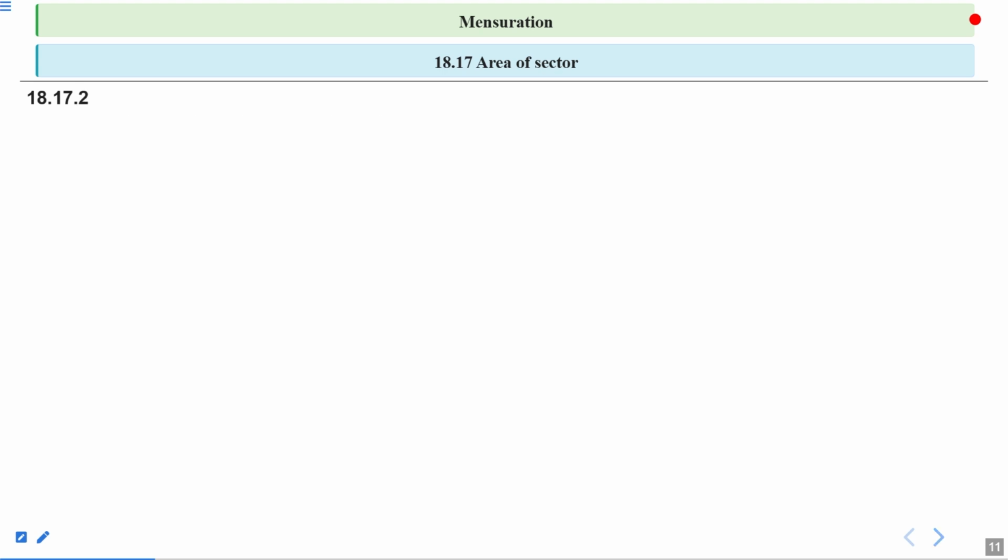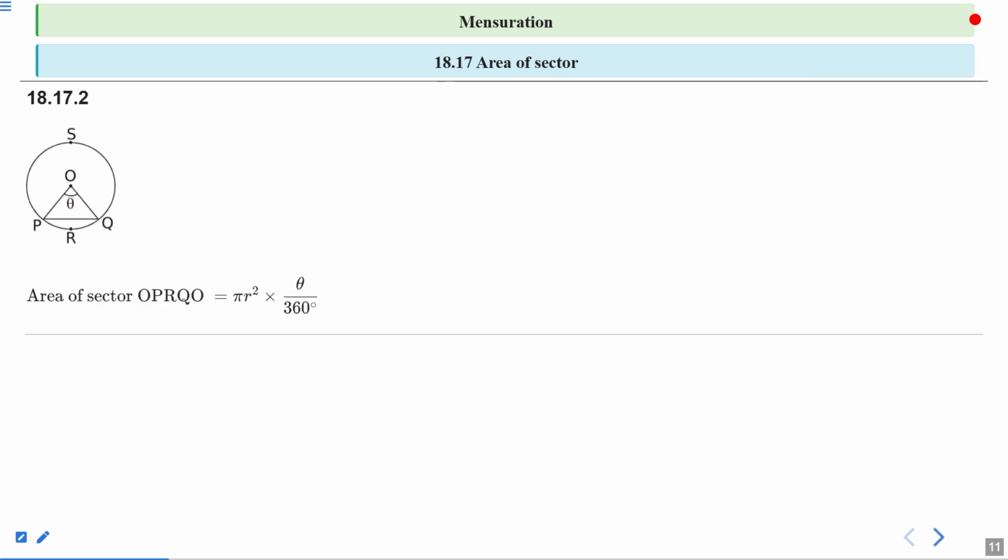Next one is 18.17.2. So this is the diagram. We can calculate the area of the sector OPRQO by using the formula: area of the circle is pi r square, into theta upon 360. Then we get the area of the sector.